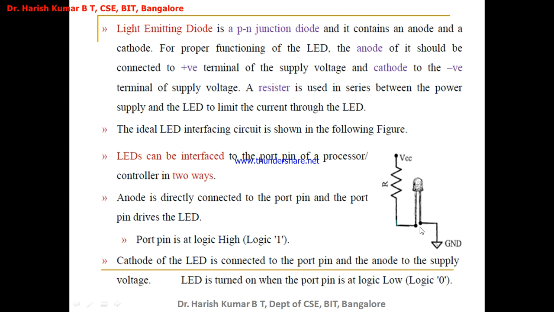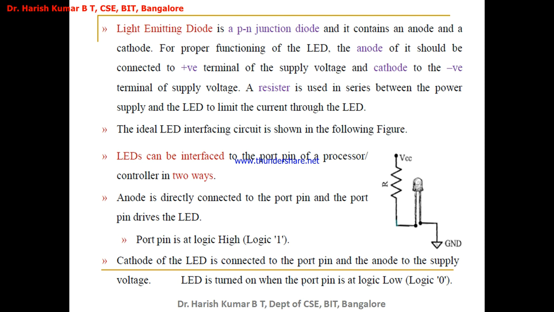If instead of connecting the anode terminal of the LED to the port pin, we connect the cathode terminal of the LED to the port pin, and the port pin is logic 0, logic low, then the LED glows.